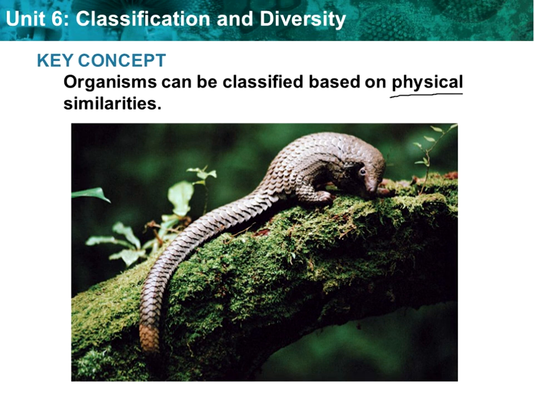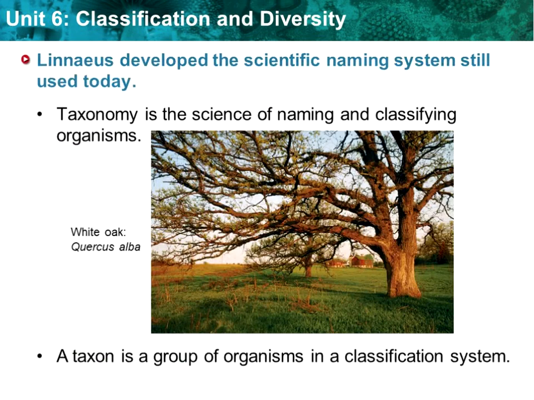One is based on physical similarities. That's a big part. If you organize them based on the way they look physically, then you get into the Linnaean classification system. He developed the scientific naming system that we still use today. It's one of the oldest classification methods we have.